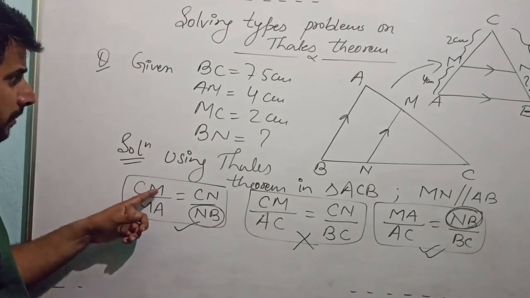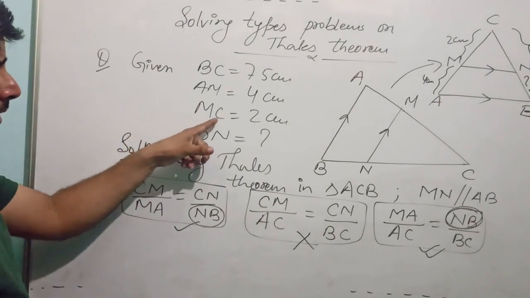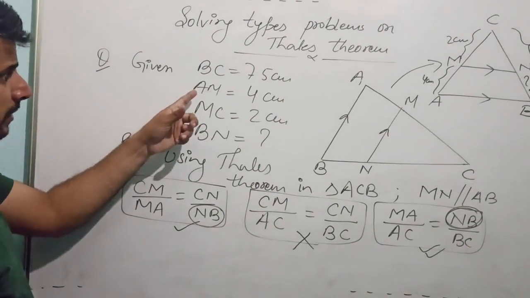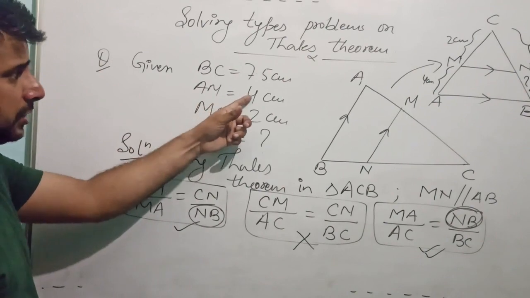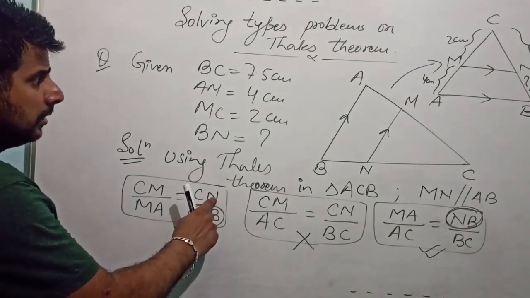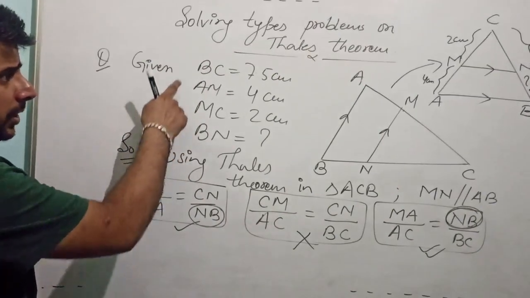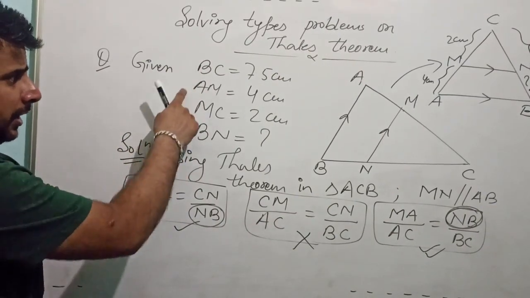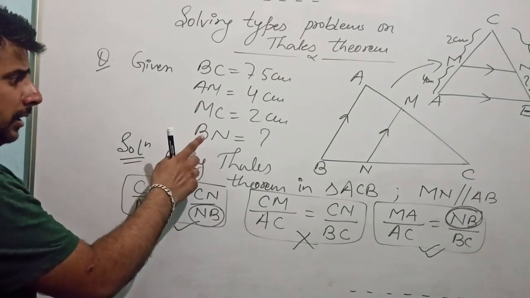Now, if I have selected this, then what are the given for this? We have CM or MC, 2 centimeter. We have MA as AM, 4 centimeter. Do we have CN? We do not have any CN. You can check. We do not have any CN, right? So how can we find out CN?